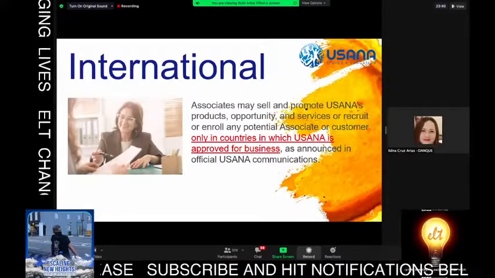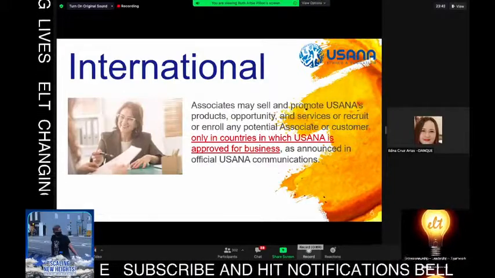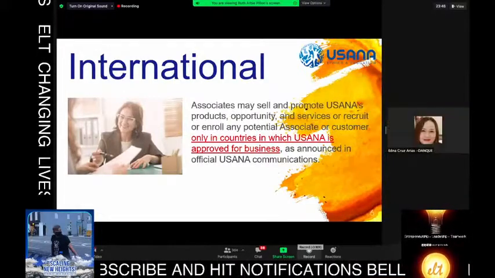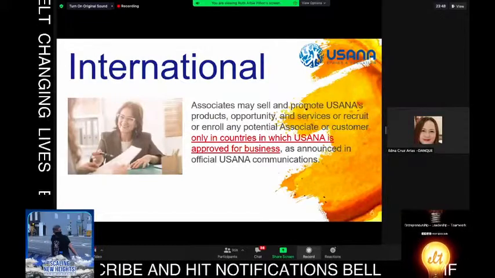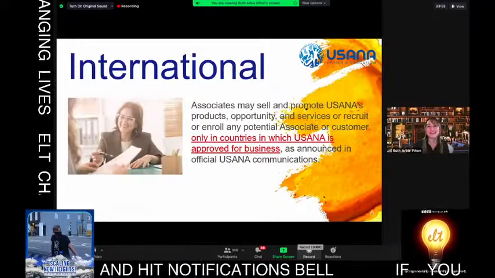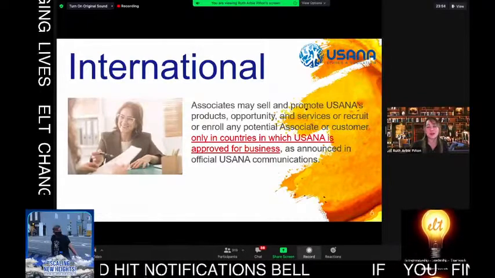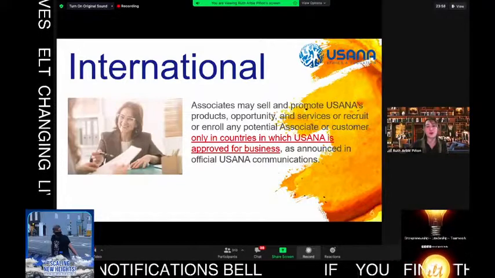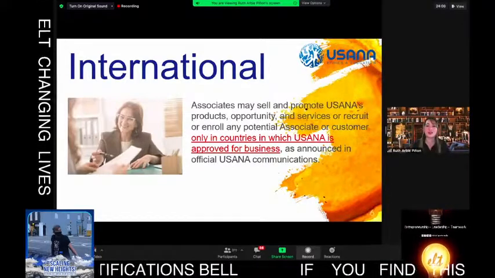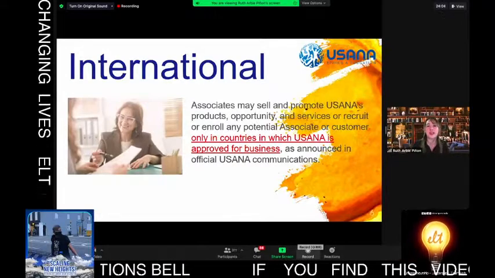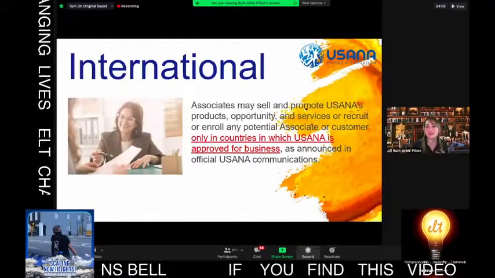And please be reminded that PH labeled products can only be sold in the Philippines. Okay, so clear po tayo dyan. So only PH labeled products can be sold in the Philippines. So hindi po sila pwedeng i-sell sa ibang bansa. In the same manner din po, yung mga products available in the US which are not available here in the Philippines, you cannot promote po dito sa Philippines.